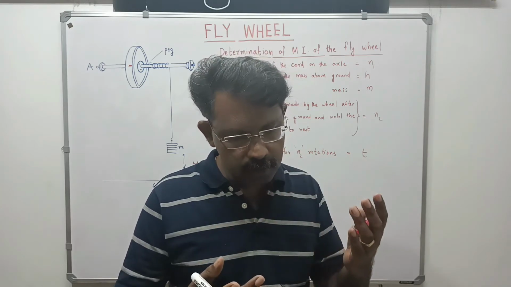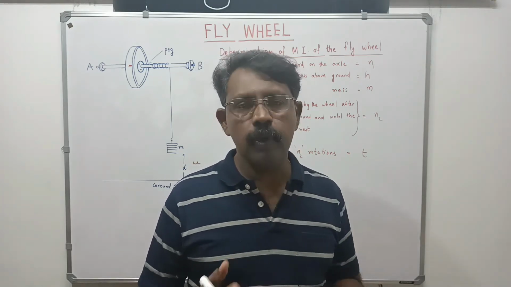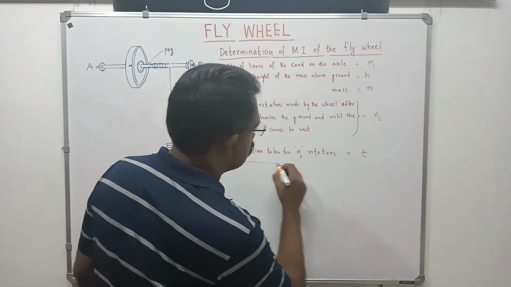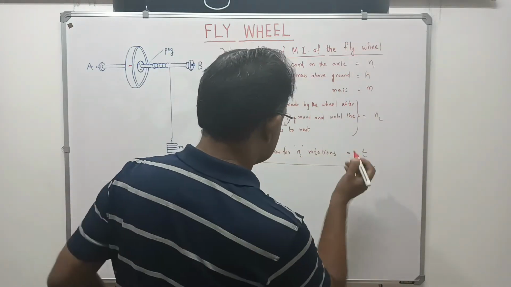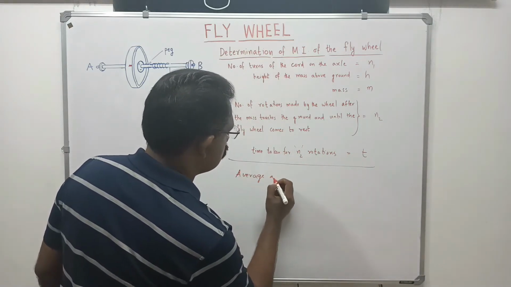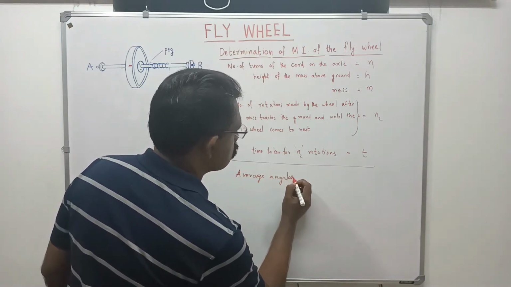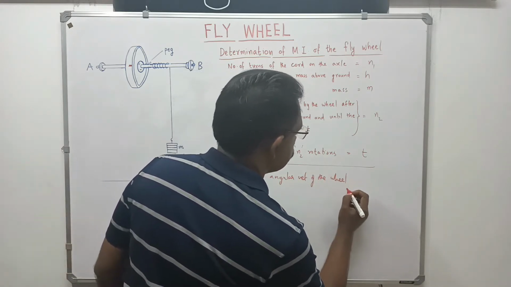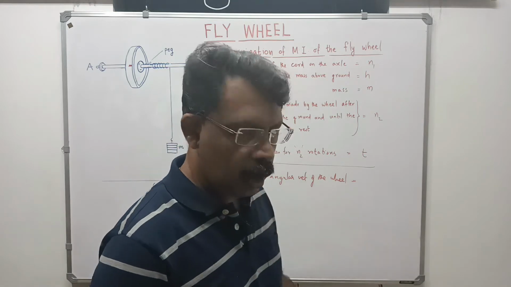So what we can say is that we can take the average angular velocity of the wheel. How will you take it? That is the first step for the derivation. The average angular velocity of the wheel is equal to, how will you take the average?